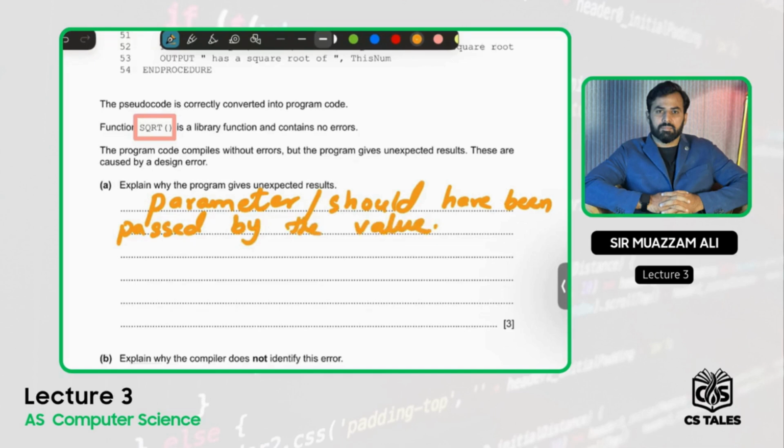Next, the number that you are using should be modified in the procedure. Let's suppose you are displaying the square root, so your number must be modified.